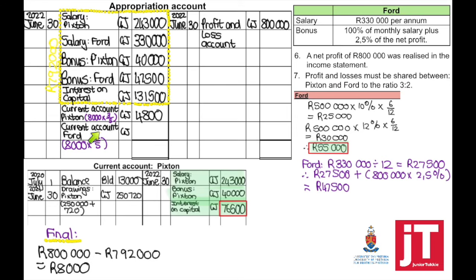So if we look at Pixton, 8,000 times 3 divided by 5 means that he will get 4,800, and Ford, 8,000 times 2 divided by 5 means that he will get 3,200. If I take the debit side and I add it together, it should equal the credit side, 800,000.